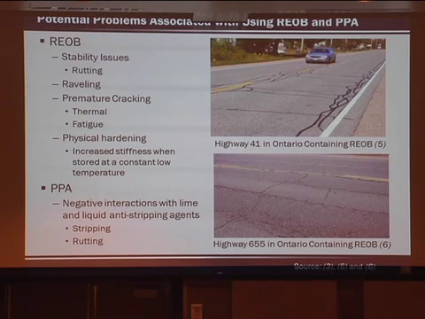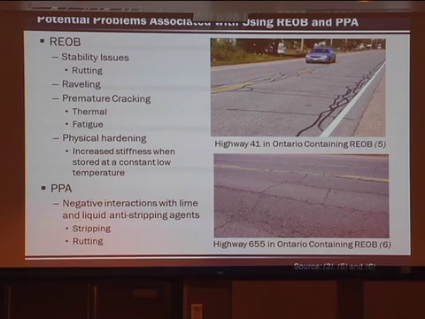So in other words, if you have an asphalt source with PPA in it, and then you put in lime or anti-stripping agents to help with the rutting resistance with the Hamburg results, it seemed as though, being an acid, it tends to counteract these additives that you're putting into the asphalt to minimize the stripping and rutting aspects of your mixes.